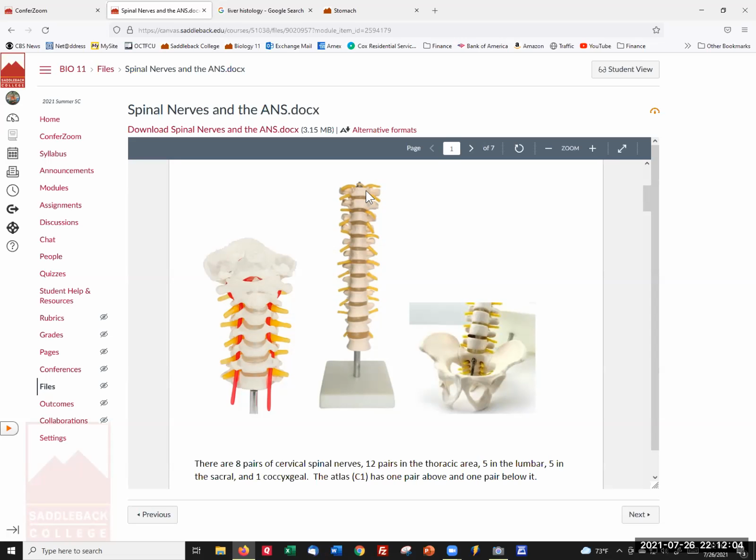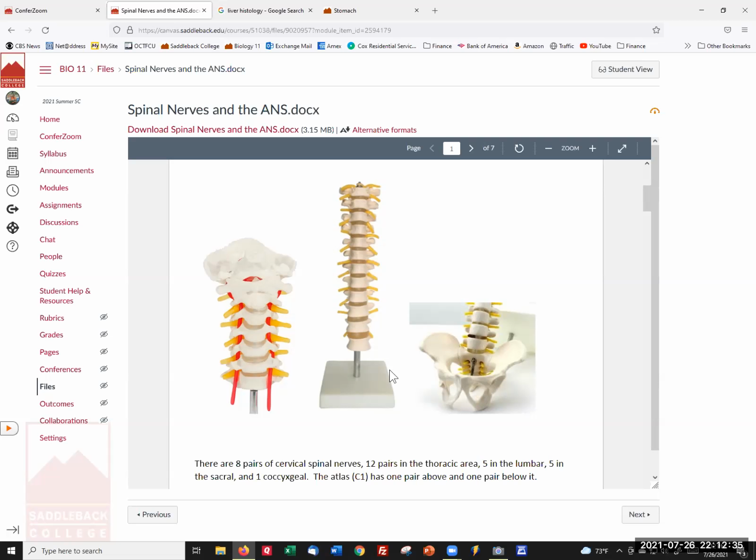In the thoracic region, we can count 12 vertebrae, and underneath each vertebra is a set of spinal nerves. There are 12. Then 5 lumbar, 5 sacral, and one not shown is a single coccygeal spinal nerve.